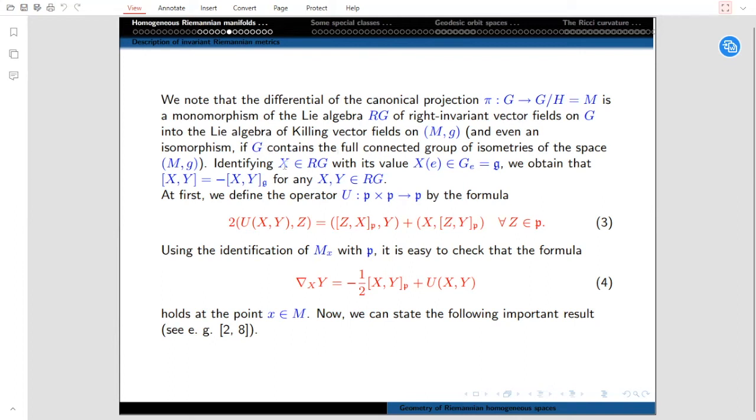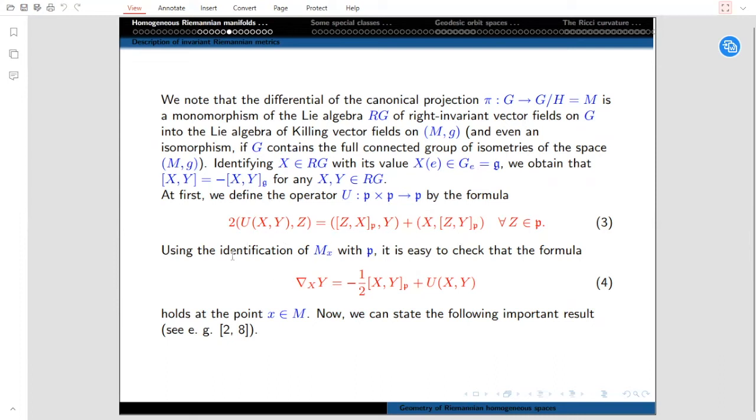Now identify X with these right invariant vector fields with its value at the point A. Yes, we obtained this formula. I recall this formula. Now we define a technical operator U from P times P to P by these formulas. Why this? I explain.